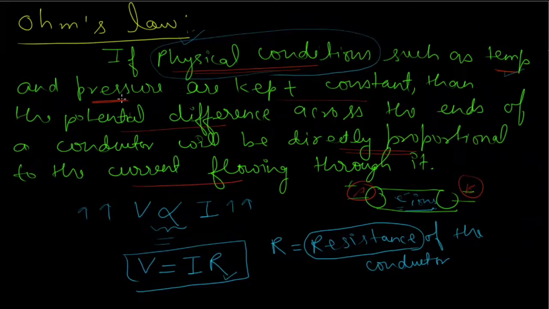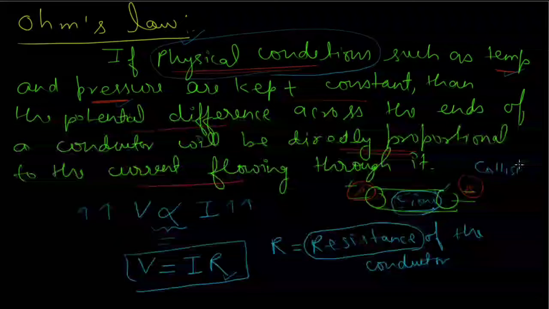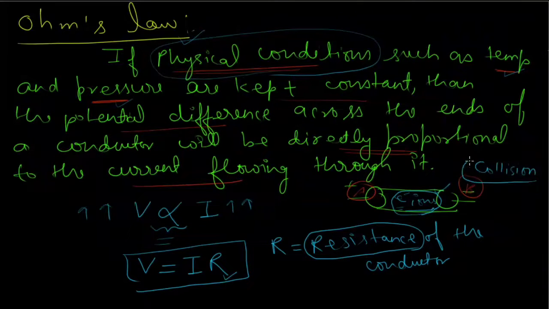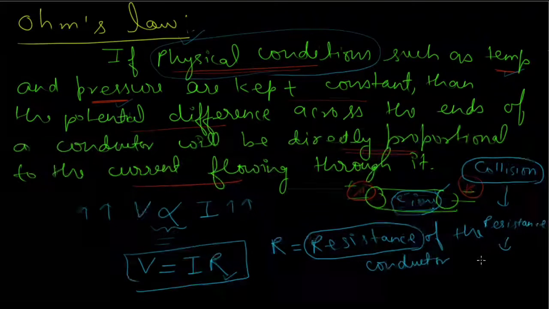Suppose temperature is increasing and pressure is also increasing, then the movement of the electrons and ions inside the conductor will also increase, which in result will also increase the collision inside the conductor. Due to the increased collision, the resistance inside the conductor will also increase.